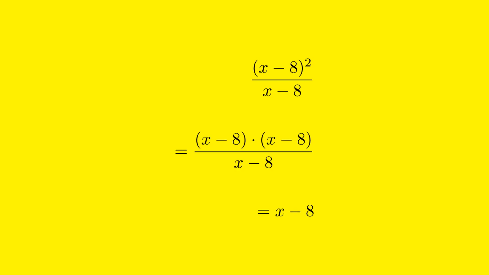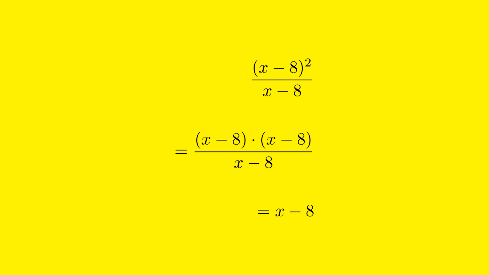Step 2. Simplify the expression. Now that the numerator has been factored into (x - 8)², the rational expression is (x - 8)² over (x - 8). This can also be read as (x - 8)(x - 8) over (x - 8).